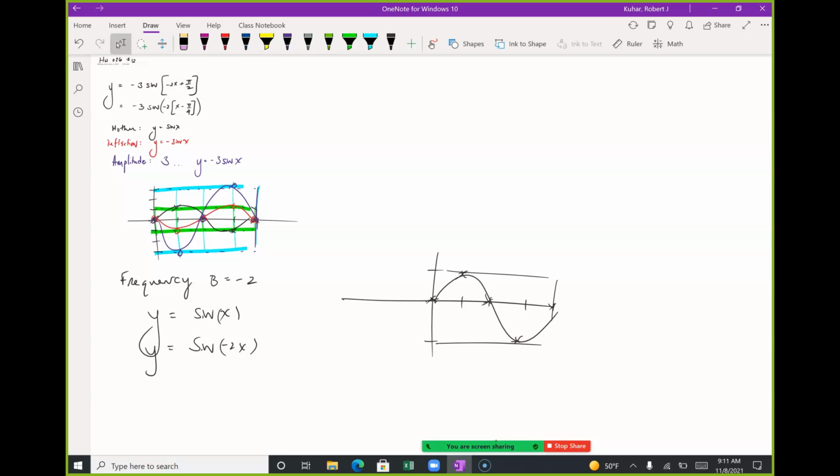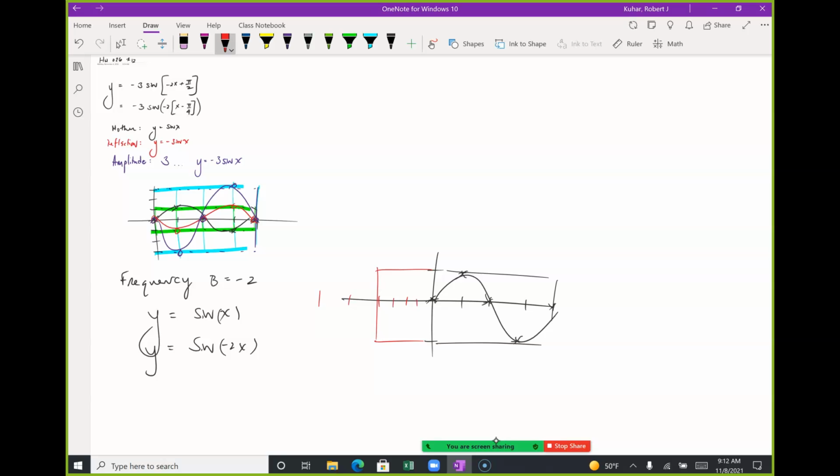So positive says build my rectangle to the right for frequency. Negative says move it to the left. And instead of my quarter steps being pi over 2, they become pi over 4, right? So I'm building this guy now.